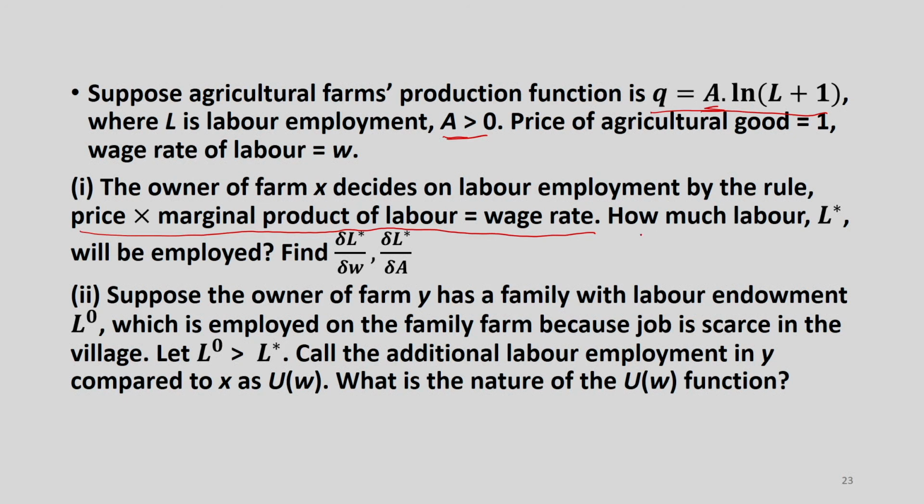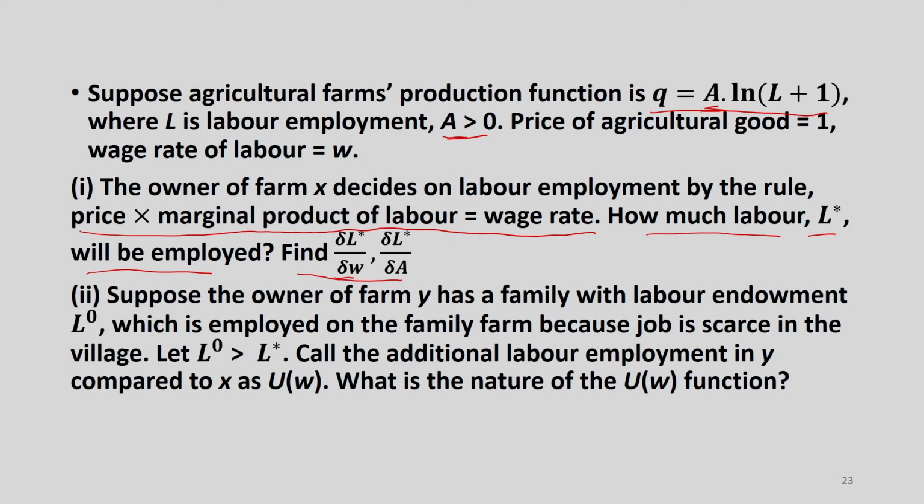We have to find out how much labor, let us call that L star, will be employed, and furthermore we have to find out ∂L*/∂w and ∂L*/∂A. These are partial derivatives of L star with respect to w and A, and we have to estimate those. This is the first part.